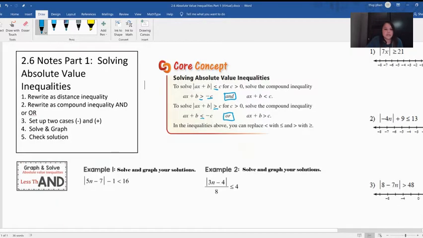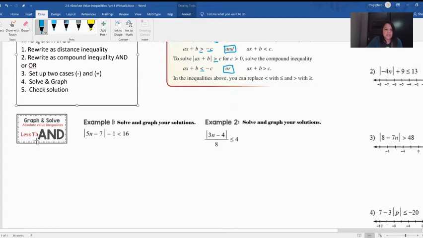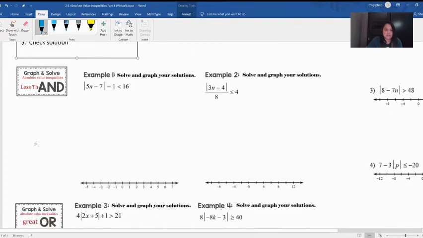We're going to go ahead and go through the notes. So I've already typed up the steps here. We're going to rewrite as a distance inequality. Two, we're going to rewrite as a compound inequality and determine if it's an and or an or. And three, we're going to set up our two cases to solve and graph. So remember to always visually check to see if it makes sense or not.